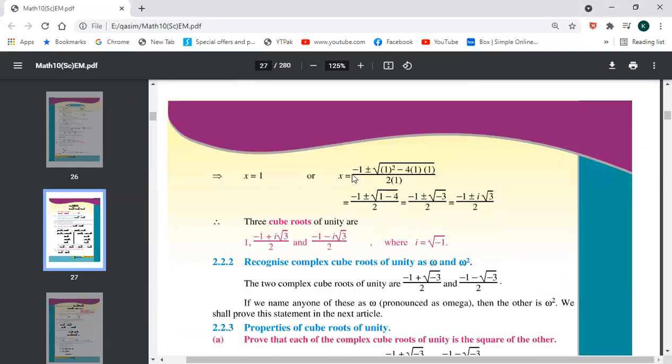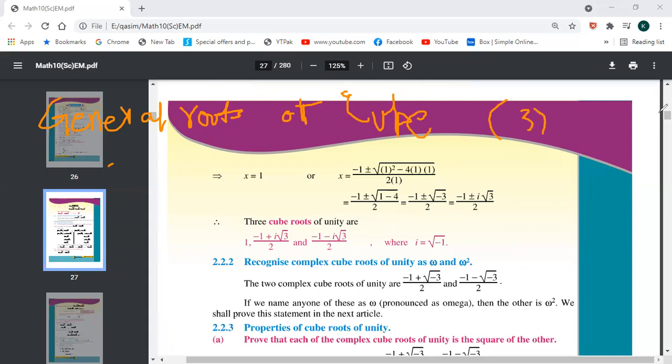The roots of the cube equation x cube equals 1 must be 3.